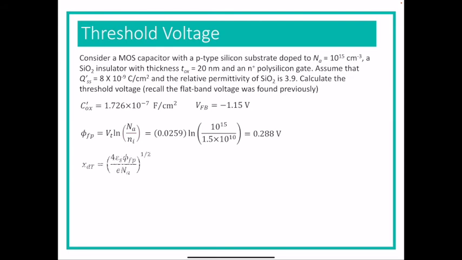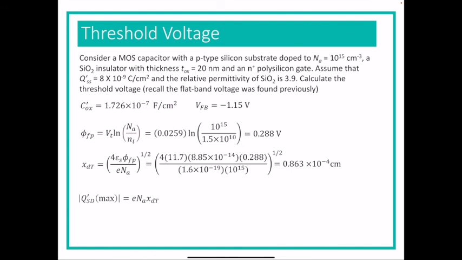Then all we do is plug in numbers. We plug in the values to the distance between the oxide and the area where the band bending stops. That's the depletion region, and we get 0.863 times 10^-4 centimeters.